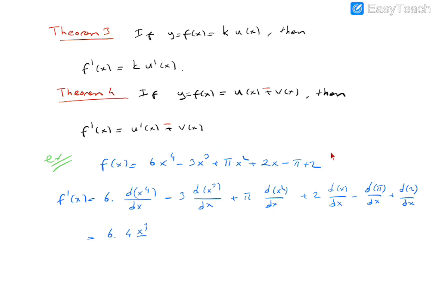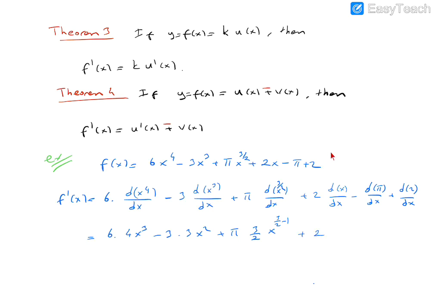Maybe we can change something in the question. Instead of 2x, let's write x to the power 3 over 2. So minus 3 times the derivative of x cubed, which is 3 times x squared by the power rule. Pi times the derivative of x to the power 3 over 2: n is 3 over 2, so 3 over 2 times x to the power 3 over 2 minus 1, which is 1 over 2.